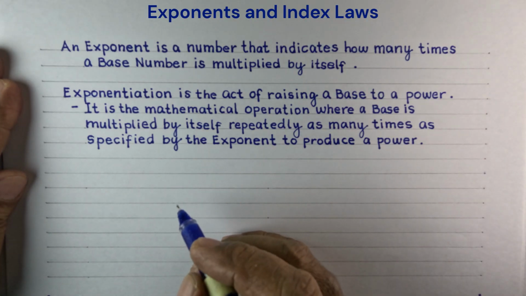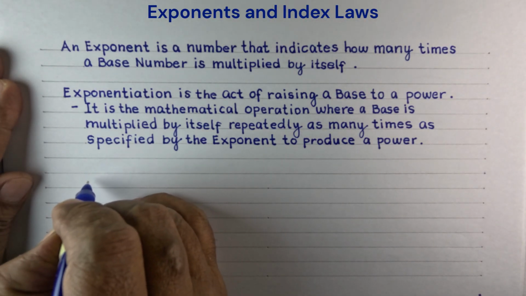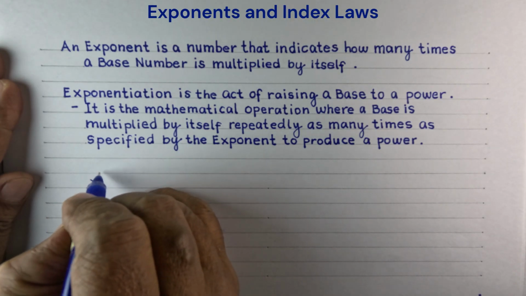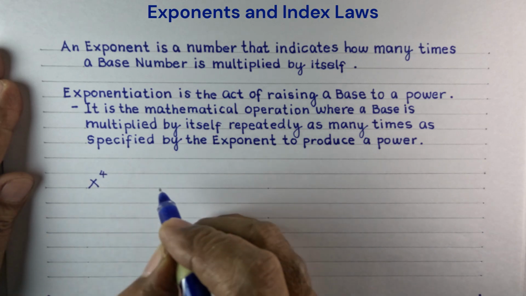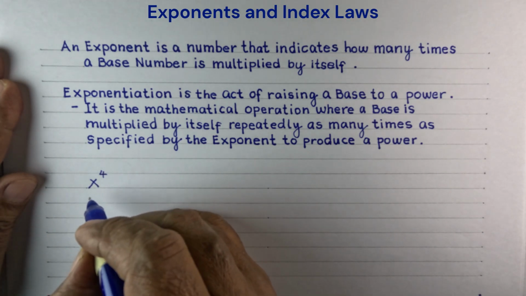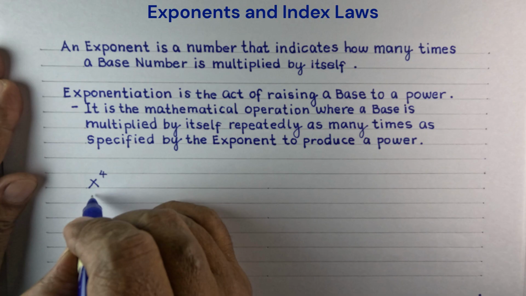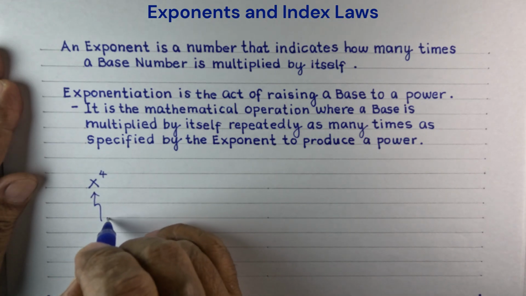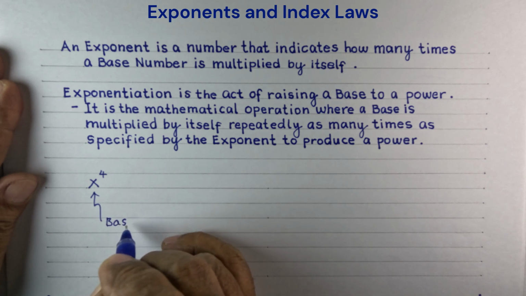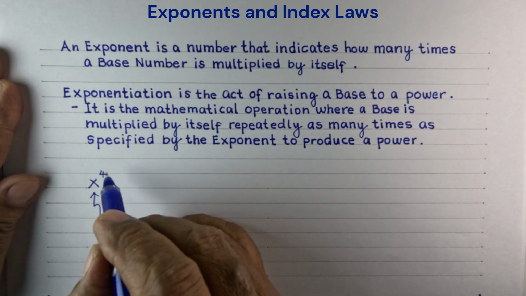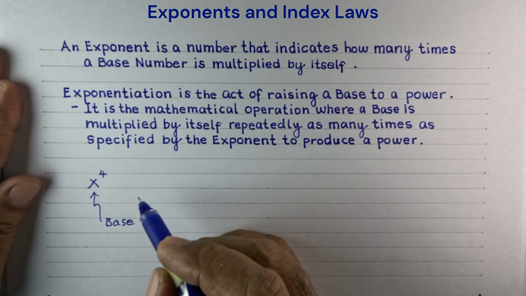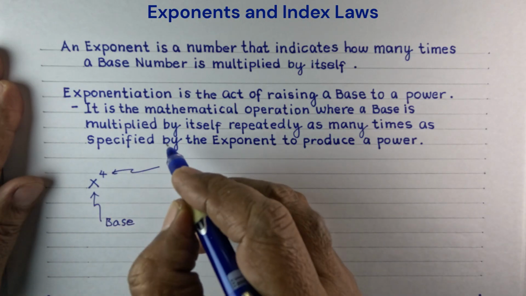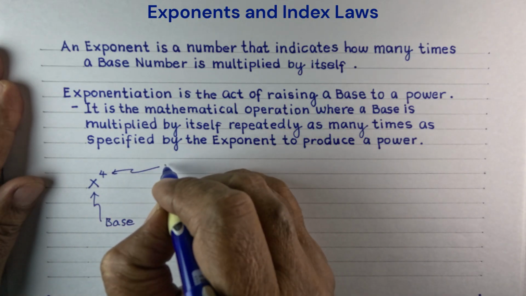Now let's take, for example, the expression x raised to the fourth power. Now the variable x here is what we call the base. And the small number on the upper right of the base is what we call the exponent.